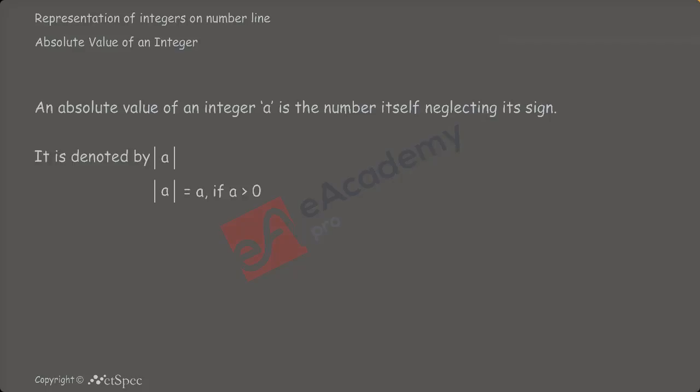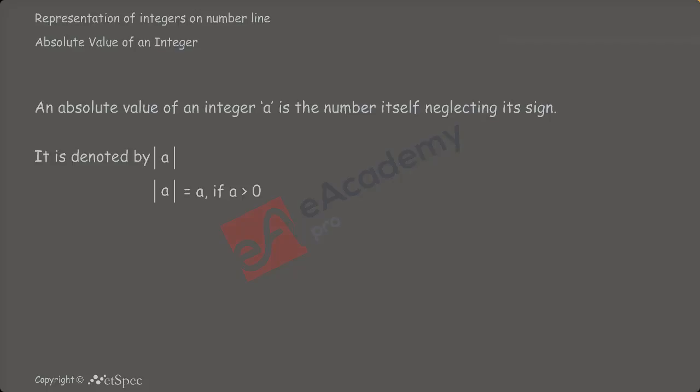If we go by the actual definition of absolute value, the absolute value of an integer a is nothing but the number itself neglecting the sign. That is, if the number is a positive integer, so obviously, when we are not writing anything before the number, it means it is a positive integer.